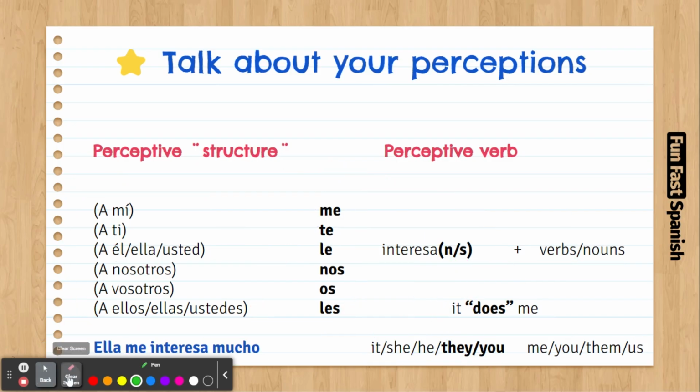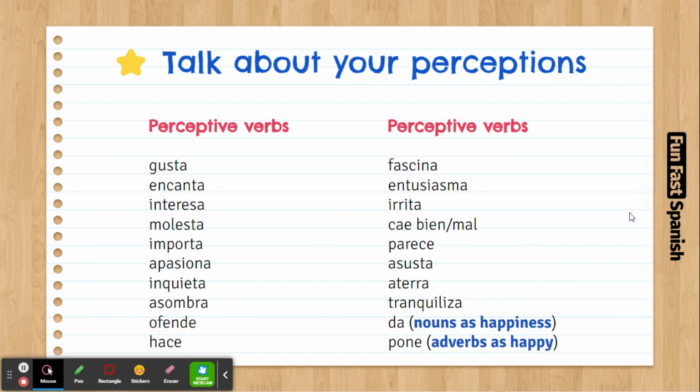So let's have a look at some verbs that I want to encourage you to learn. That doesn't mean it's all of them, but we have some, okay? So, me gusta, we know this one. A mí me gusta, a ti te gusta, me encanta, me interesa. And all of these verbs that you feel like it makes me, for instance, eso me hace llorar, that makes me cry.